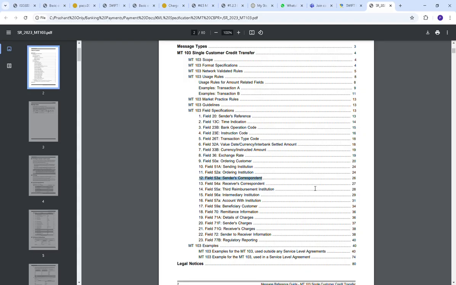This is the sender's correspondent, meaning the Nostro account, the bank which is working on behalf of the sender, having the same currency, the same settlement currency. And 54A is the receiver's correspondent, which is used for Nostro with the same relationship. So those two banks are working as correspondent banks, 53A and 54A here.